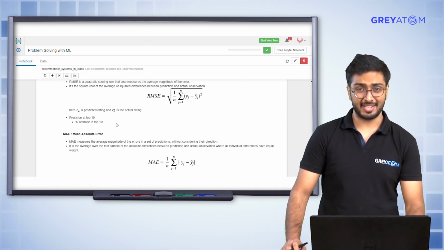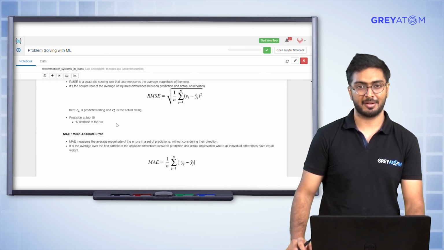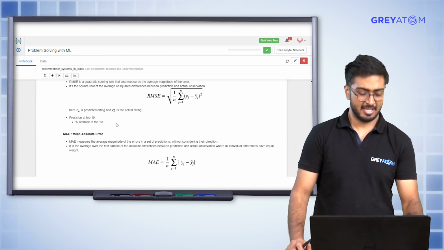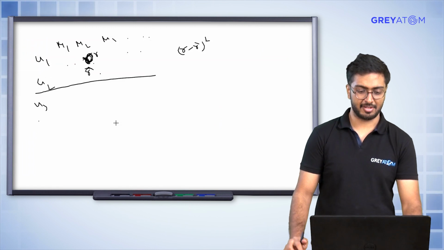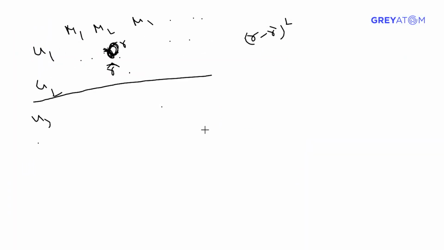So what are some of the other ways to evaluate recommender systems? There is the concept of precision and recall. Here you have these movie ratings, and you forcibly take down the top 5 rated movies by the user. You take 5 rated movies by any user and forcibly make them 0.